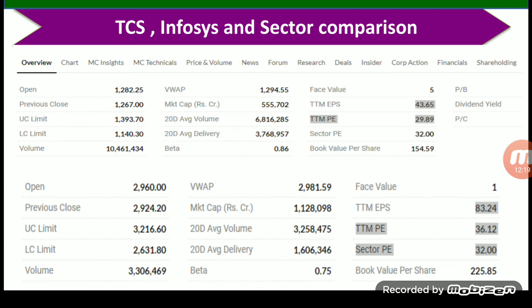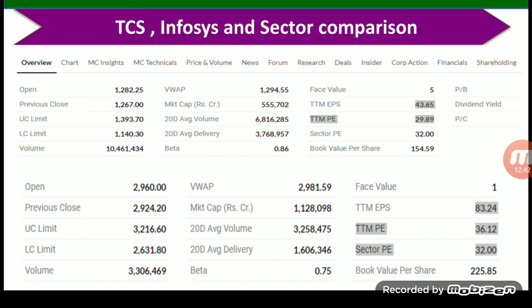Why? Recently, in the case of Infosys, one piece of news came out, and that news was whistle blowing. A whistle blower is a person in the system who says that something is wrong going on in the company.